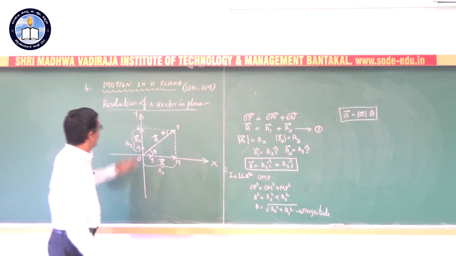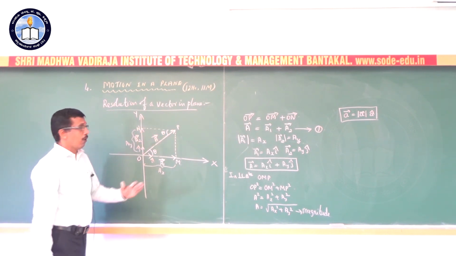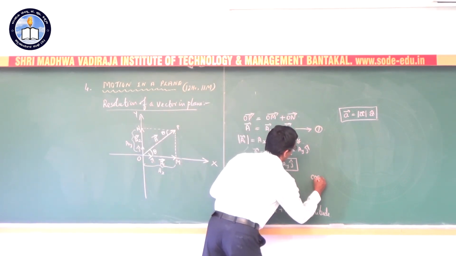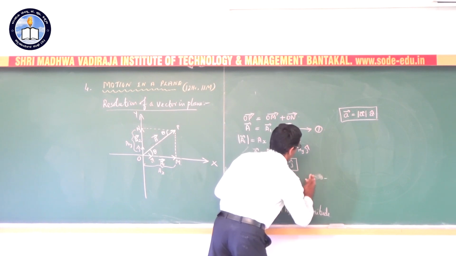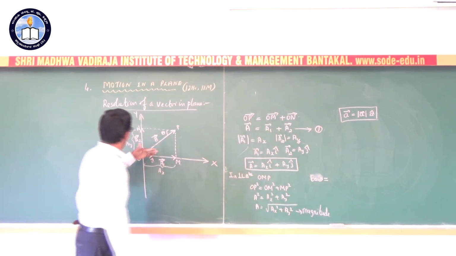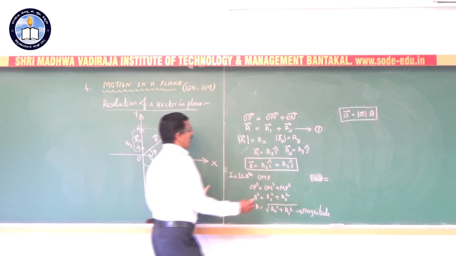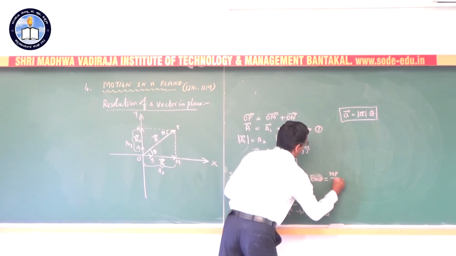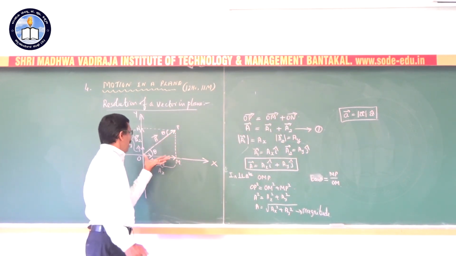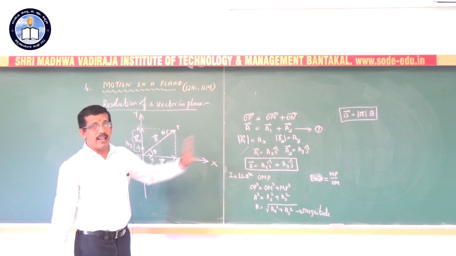How to find the direction of the given vector? How to represent the direction of the given vector? To find the direction, what is tan theta in the same right angle triangle? Tan theta is nothing but MP by OM. MP is the opposite side, OM is the adjacent side. Opposite by adjacent is tan.